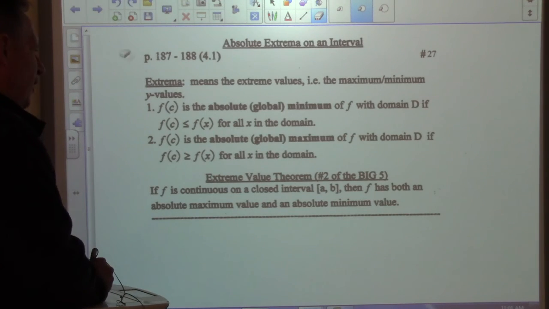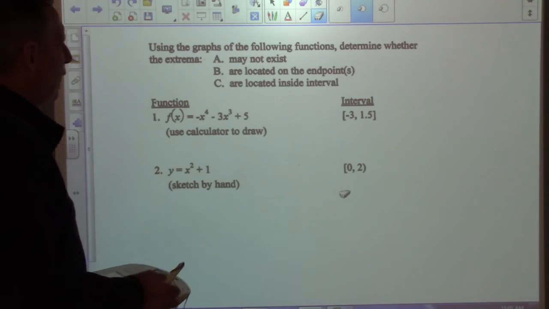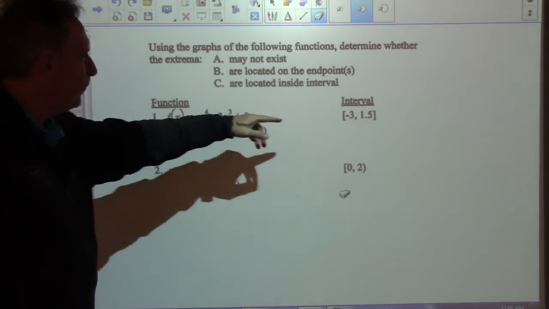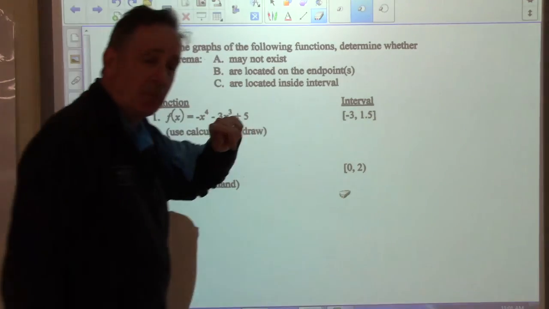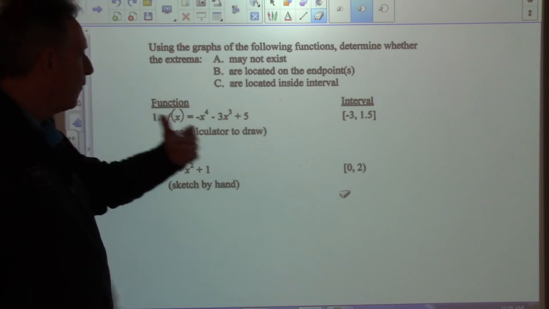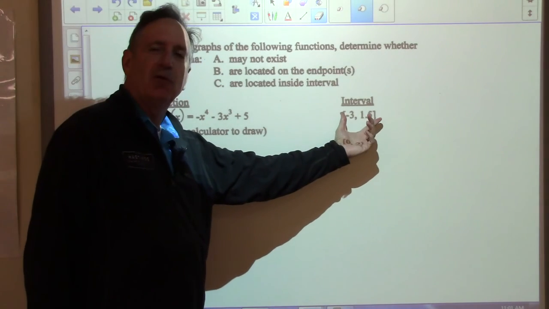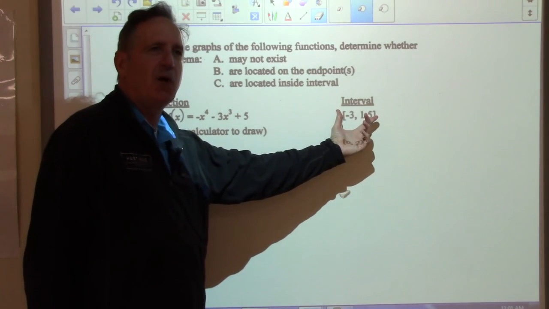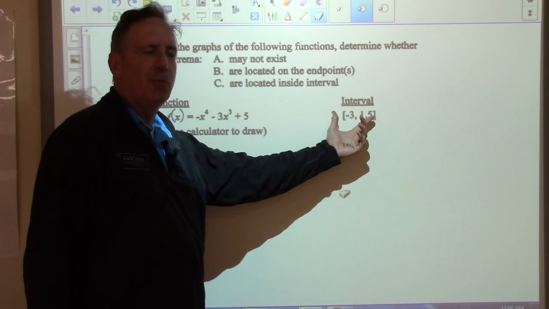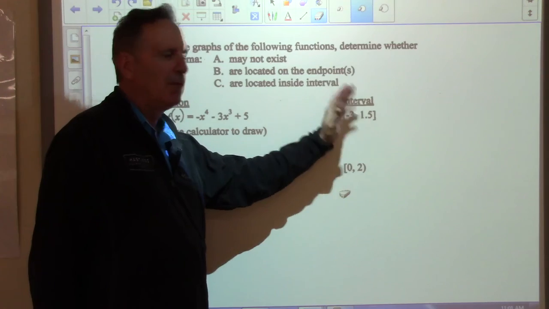Why does it apply? Because it's continuous over this interval, right? And what else? It's a closed interval, right? So absolutely, they both have to exist, both a maximum and a minimum.